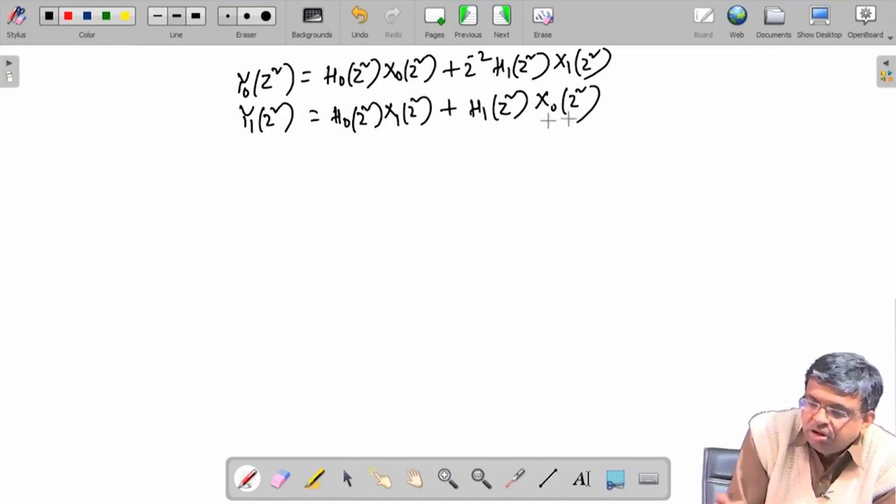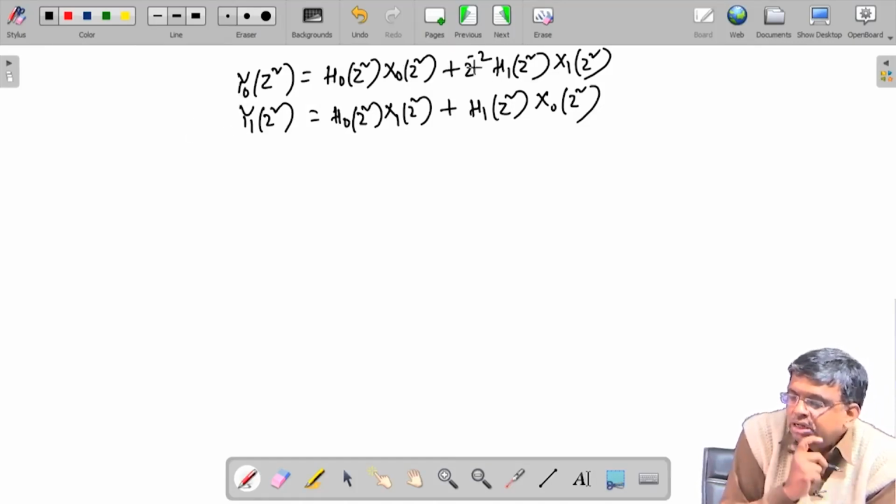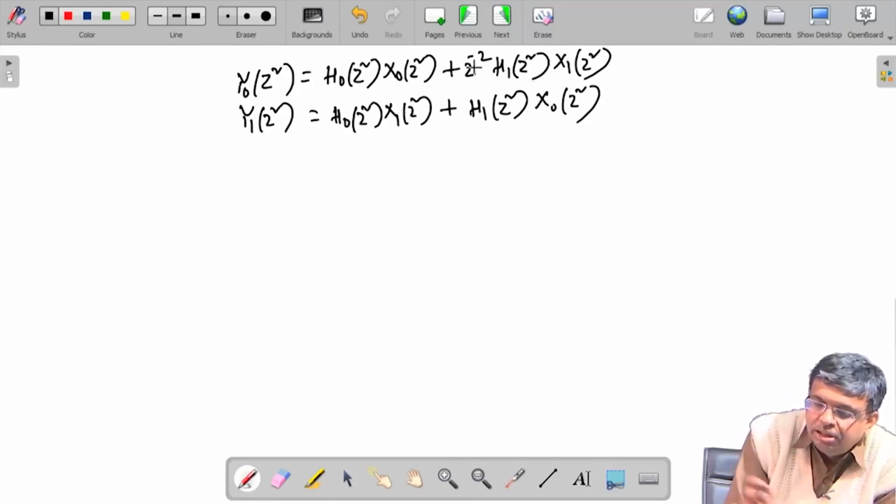Outside, I mean you put it in a bracket multiplied by z inverse. So, z inverse times this plus this, that is your Y(z).